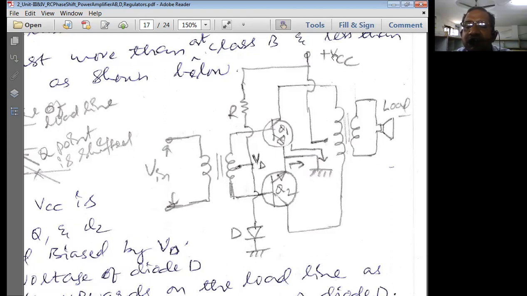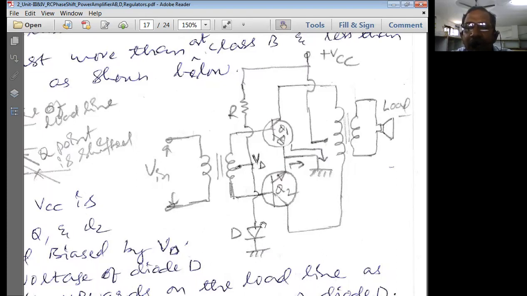VCC will range from 5 volts to around 15 volts DC. Therefore, say for example, 15 volts is given suddenly from this point to the diode D. Once I apply 15 volts to this, diode D turns on. Once the diode D turns on, what is the voltage across the diode? It will be 0.7 volts. This is the positive side, and this is the negative side of the battery.